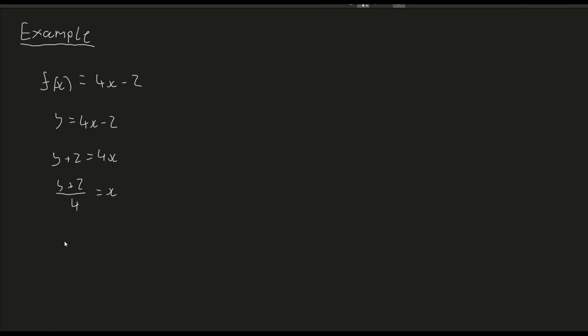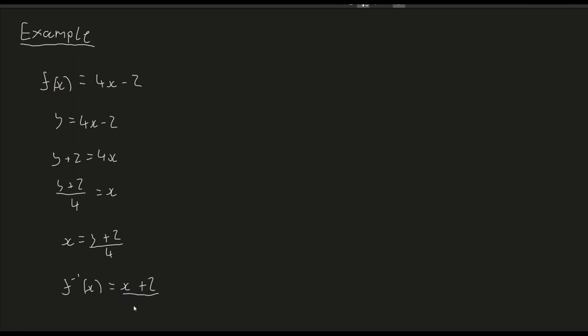And I'm just going to flip these around, so that will then be x equals y plus 2 divided by 4. And then what I'm going to do is switch them back, but this is now f inverse. So this is now f inverse of x, and that y gets made into an x.